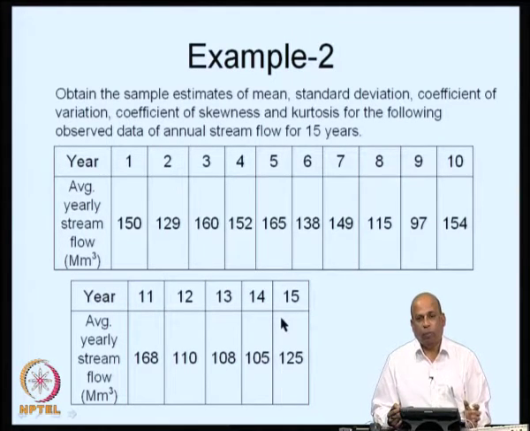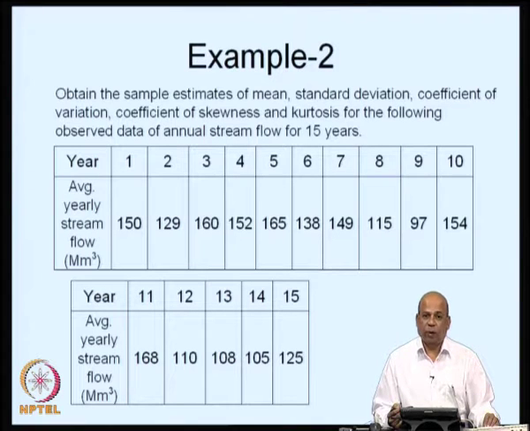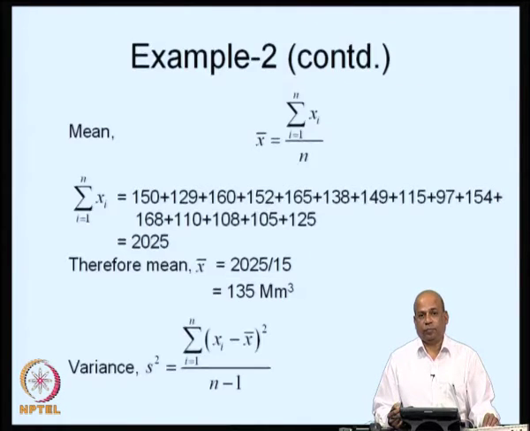When you have observed values and you want an idea of the distribution, you use the sample estimates for the measures that we just defined, namely x bar, which is an estimate for the mean, s square, which is the estimate for the variance sigma square, the coefficient of skewness, denoted as C s for the sample estimates, and the kurtosis, which is k.